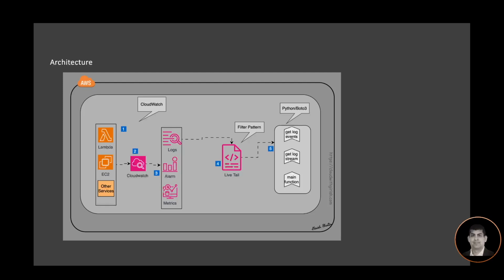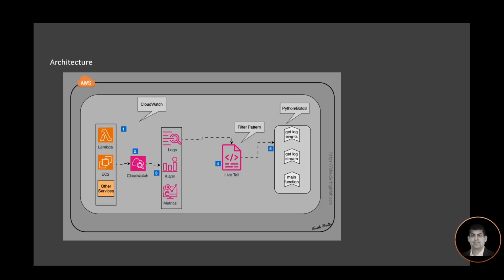Here is the architecture, what we are trying to accomplish here. We have the Lambda service or EC2 or other service that's publishing the log to CloudWatch. And from there, we want to start a live tail based on the filter pattern. In this example, I'm extending it by using the SDK provided by AWS, Boto3, along with Python.